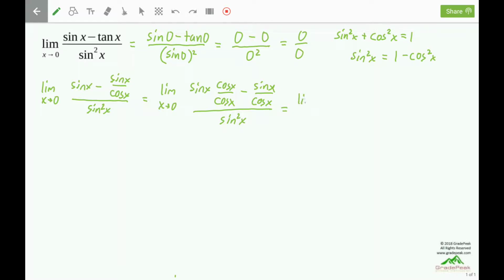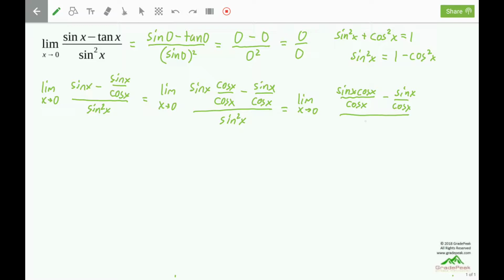So I will do that. Now, because this is going to produce a fraction in the numerator, I am going to need to reciprocate the denominator and multiply. But it looks like I will have sine x cosine x over cosine x for the first fraction minus sine x over cosine x for the second fraction.